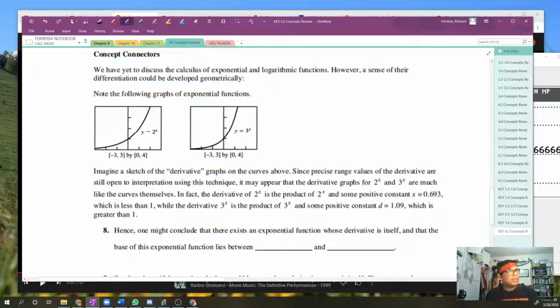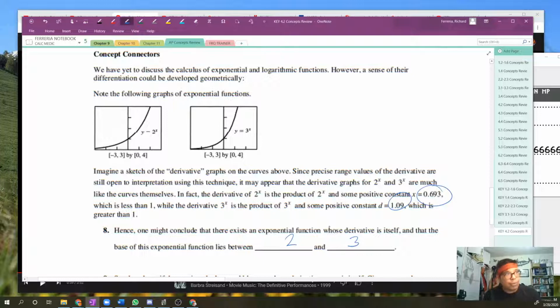And based on what we see, since in this one the multiplier is less than 1, and in this one the multiplier is greater than 1, we know that the base of the exponential function whose derivative is equal to itself should be a number between 2 and 3.